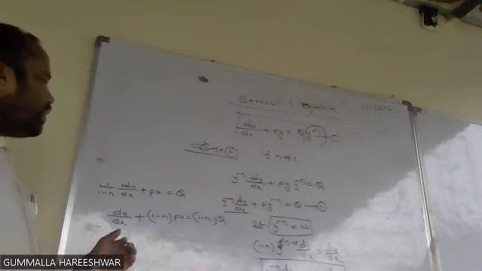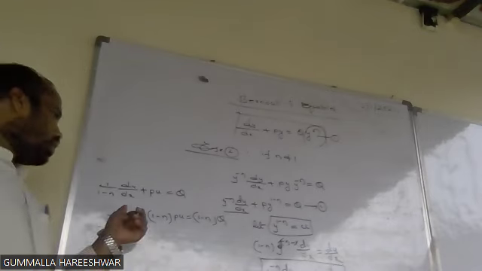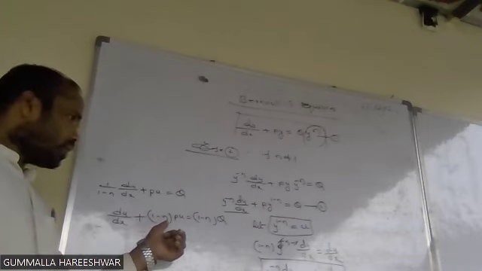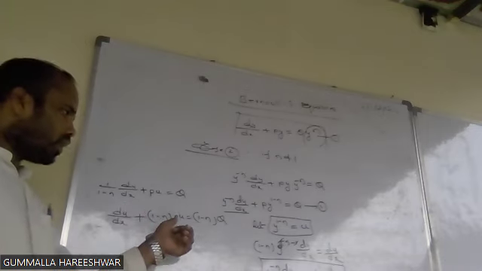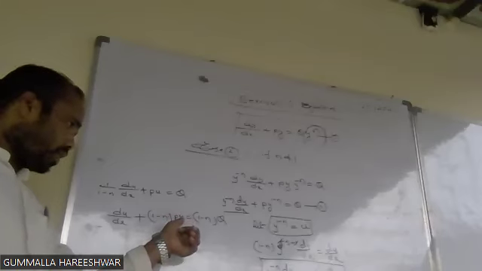Now, is this linear or not? Once we check it, 1 minus n is a constant, P is a function of x, and u is the dependent variable.